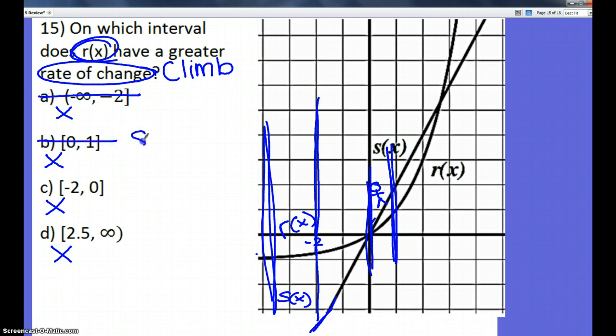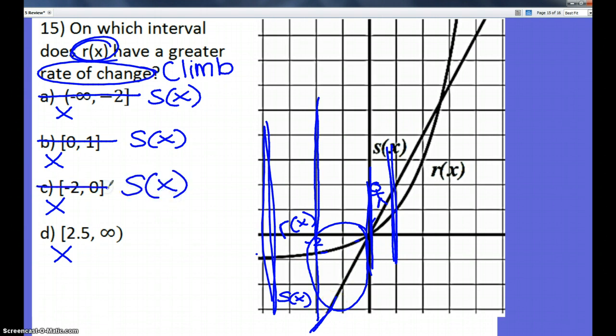So those have s being steeper or harder to climb. Negative 2 to 0 is in this region here. And again, see, the curve is easier. The straight is harder, which means that the straight again would be steeper slope or greater rate of change.